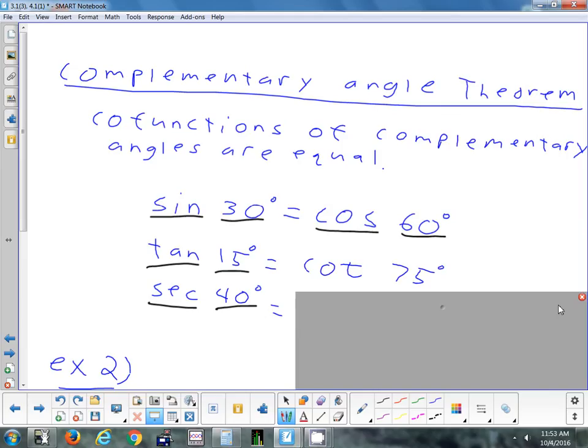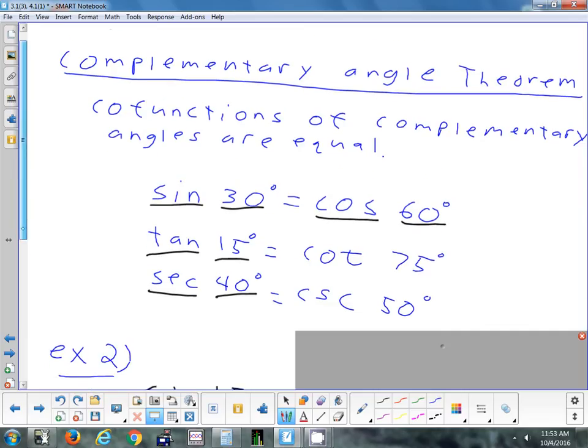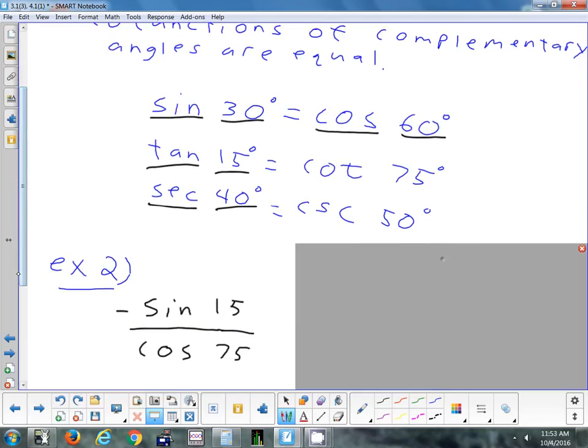Secant of 40. Sam? It's the cosecant of 50. Yep. Okay, so knowing those things come out the same should allow us to answer this question pretty quickly.